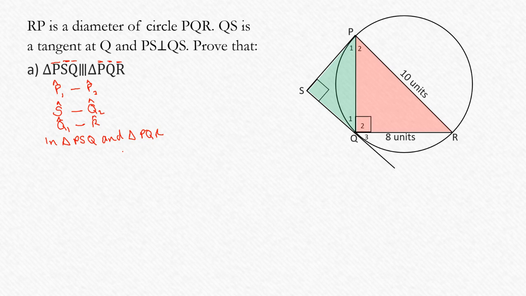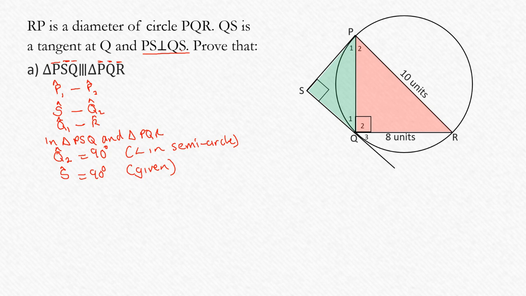So we can say Q2 is equal to 90 degrees, angle in semicircle. And then we're given that angle S there is 90 degrees. We're given that because they said PS is perpendicular to QS.